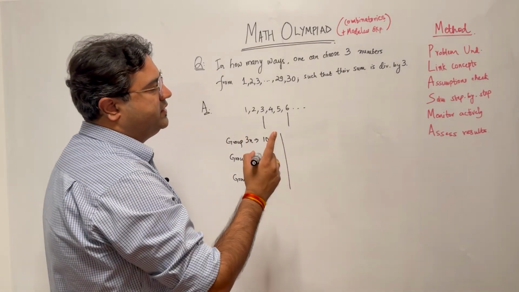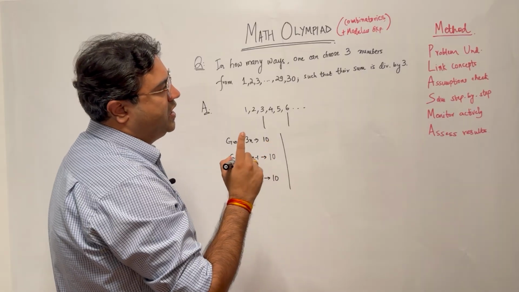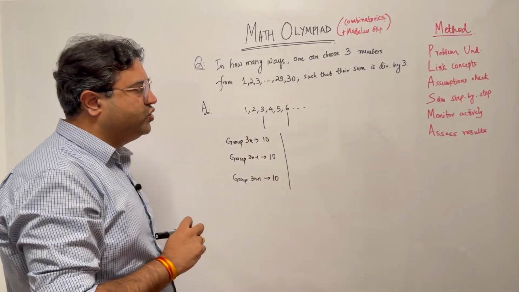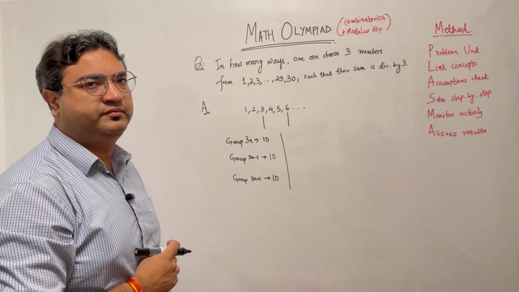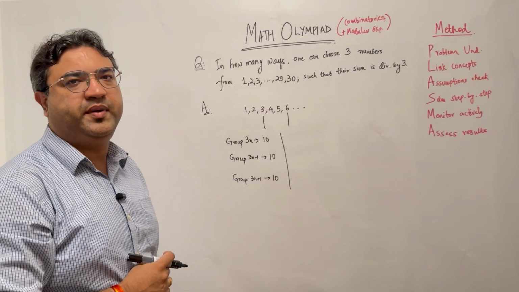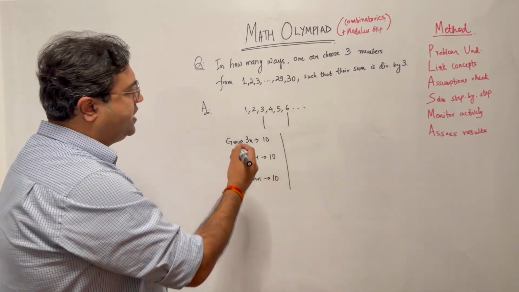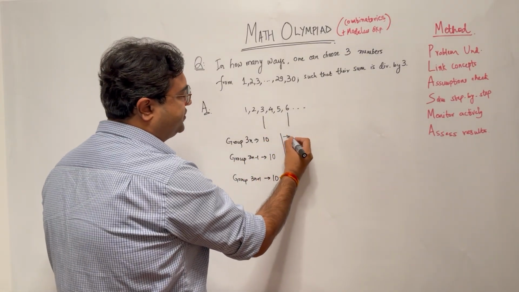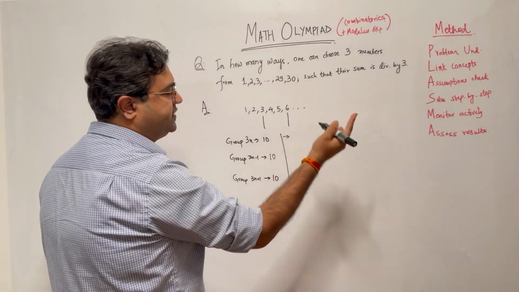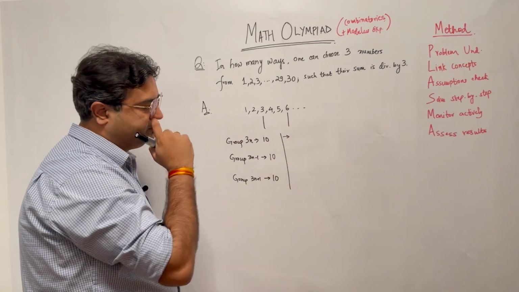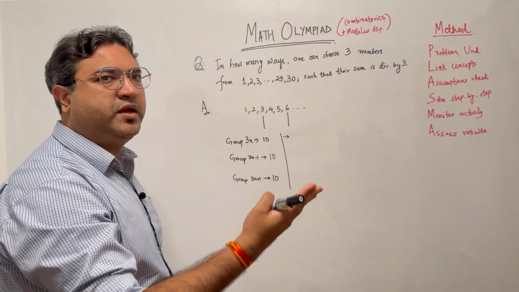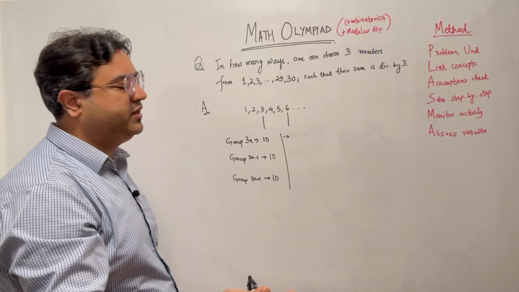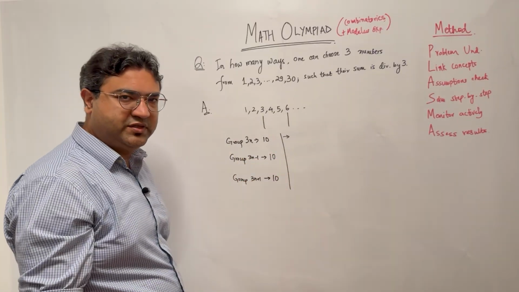Then our next step is to know how do we choose the numbers from here such that they are divisible by 3. Okay. So we can choose numbers from here, 3, 6, all the 10 numbers. Since all of them are individually divisible by 3, their sum will also be divisible by 3.